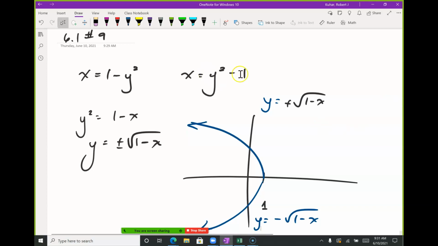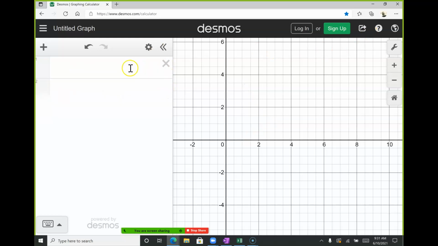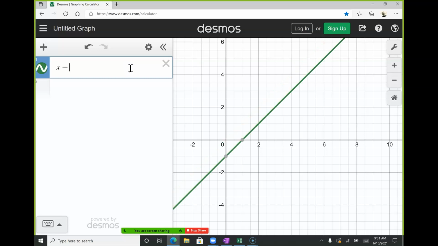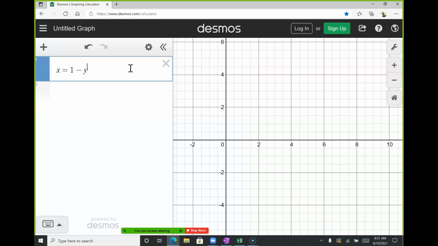What's nice about Desmos, and you're not going to have Desmos on the exam, but if it's something that only Desmos would give you the graph for correctly, I will give you the graph, right? So this was x equals 1 minus y squared, was it? X equals 1 minus y squared. Is that correct? Just remind me.